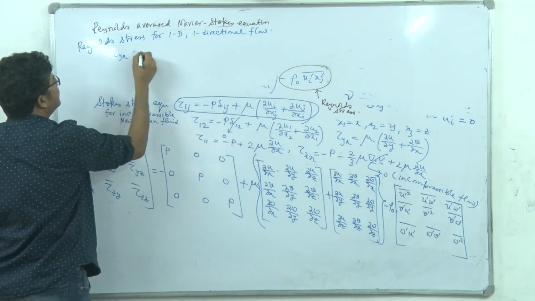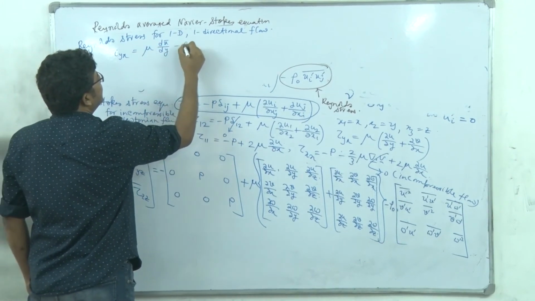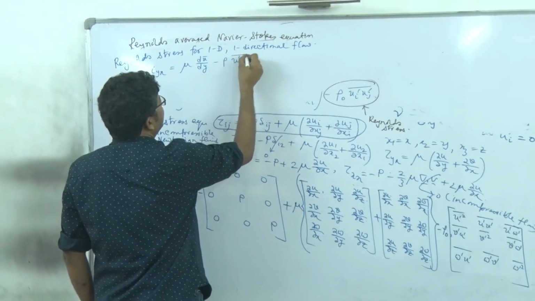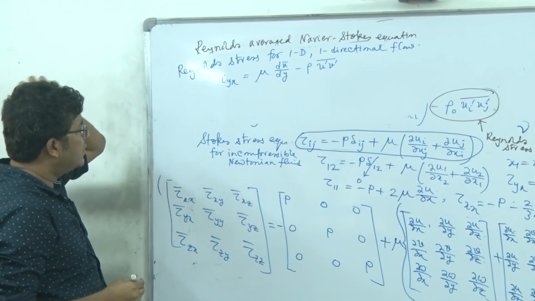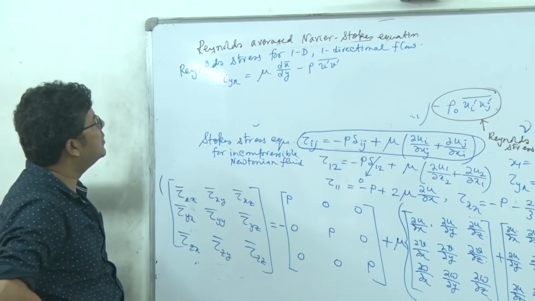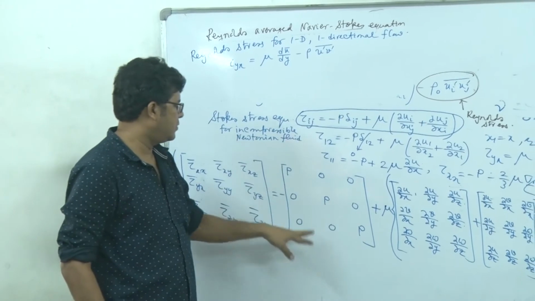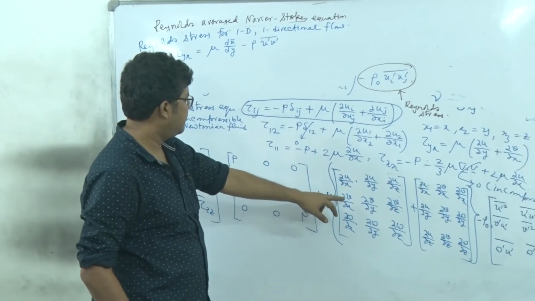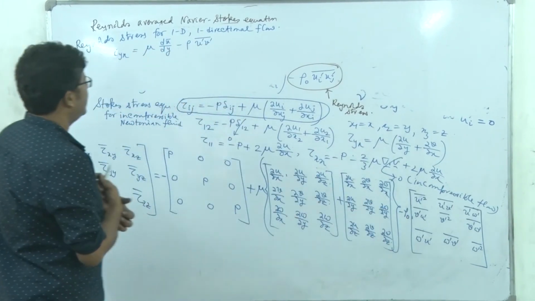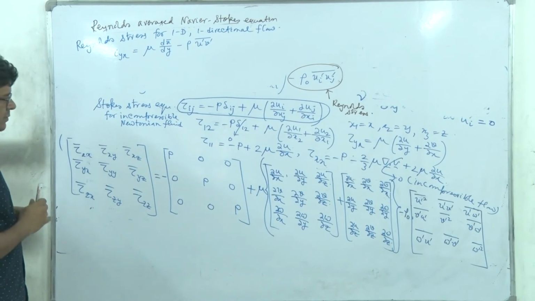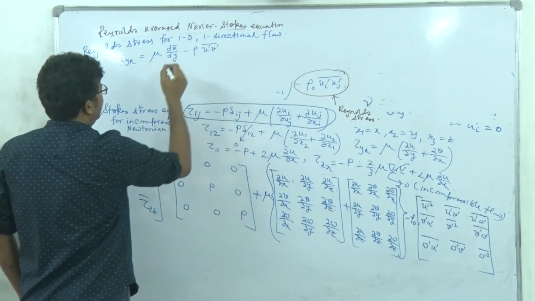Here tau yx will be equal to mu d u bar dy minus rho u prime v prime average. Okay. Tau yx is mu into d u bar dy, see, the other part is non-contributing, right? V is 0, so du dy, then here u prime v prime or v prime u prime average, whatever. Okay? So this stress is the Reynolds stress.